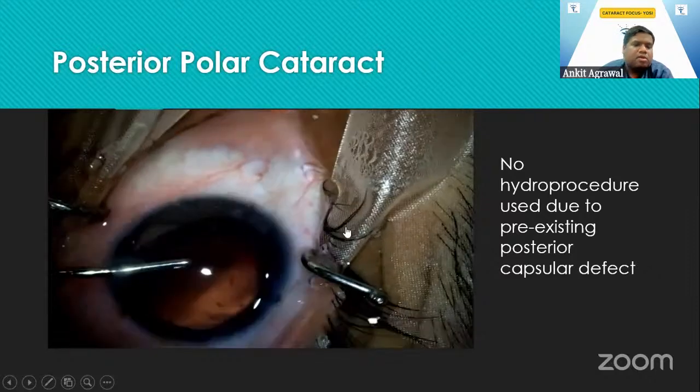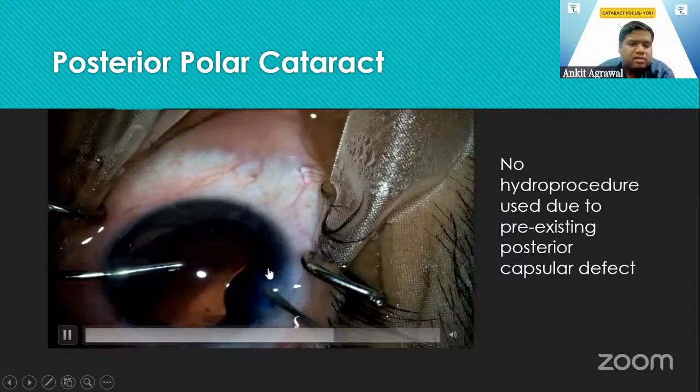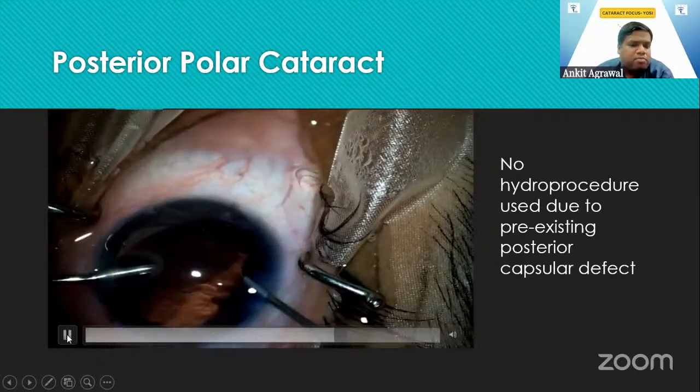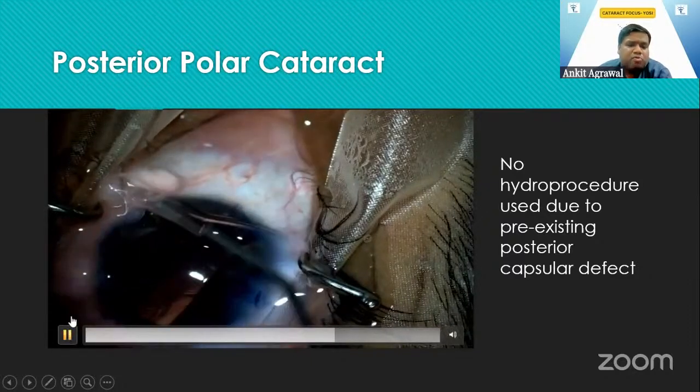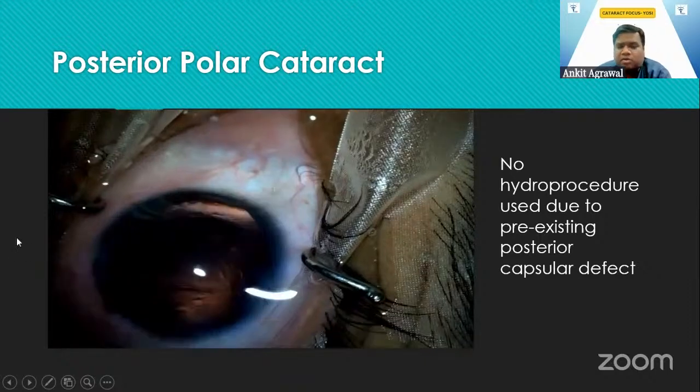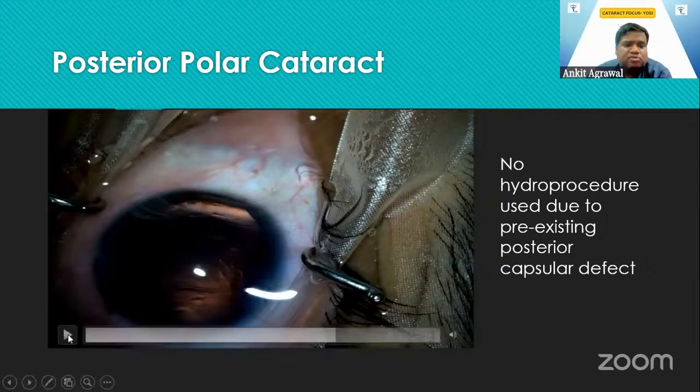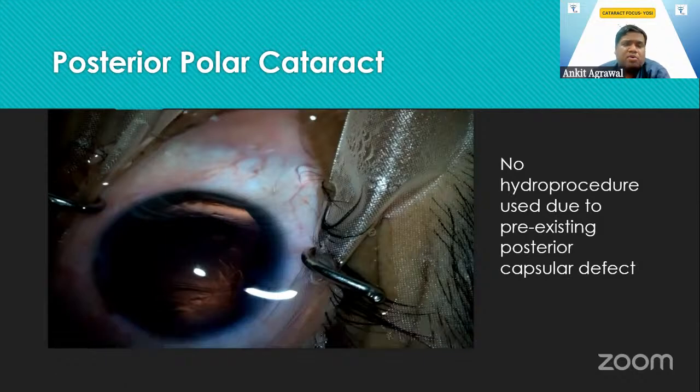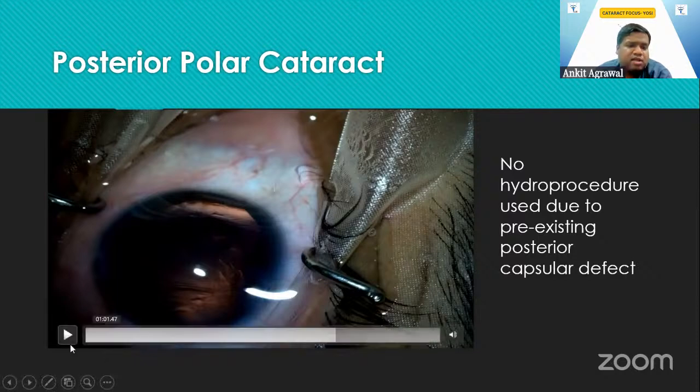So all the nuclear matter is removed. And a very important tip for all beginner surgeons: before removing your irrigation probe or the phaco probe from the AC, try to fill the AC with viscoelastic so as to keep the pressure reduced, especially in case of compromised capsules, because we don't want to allow the vitreous to come into the AC and disturb the anterior vitreous space.